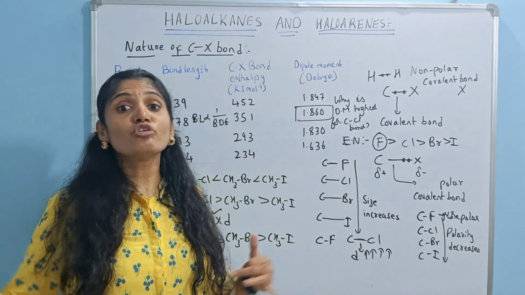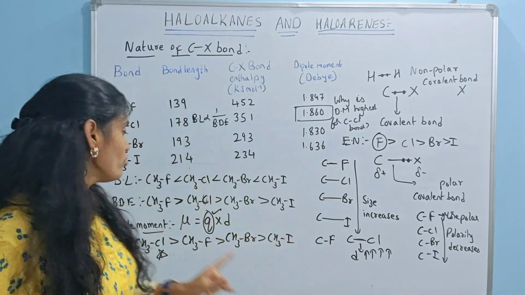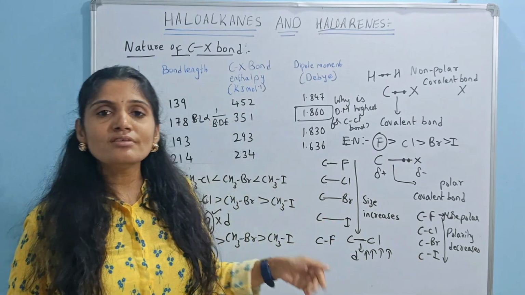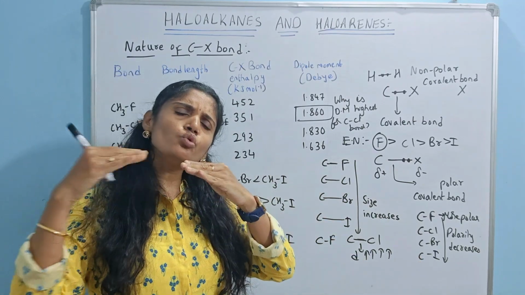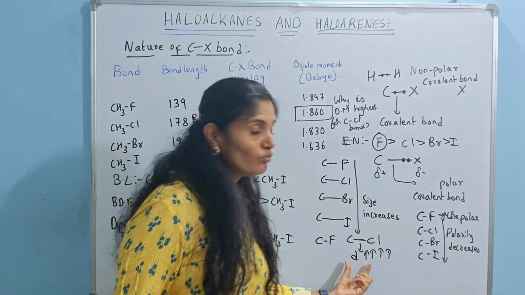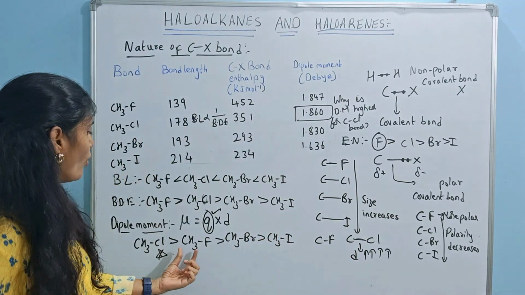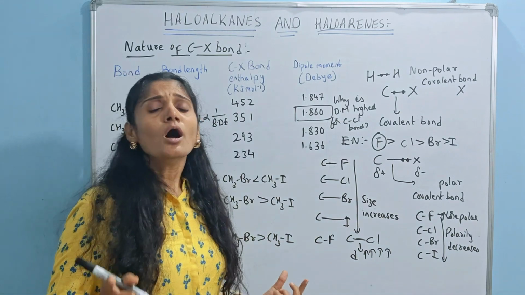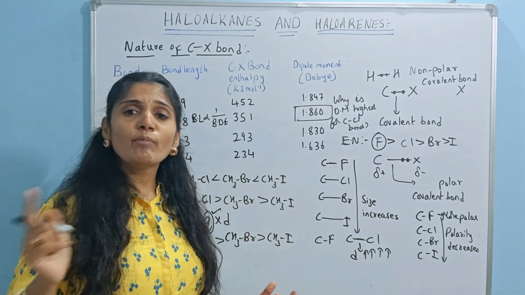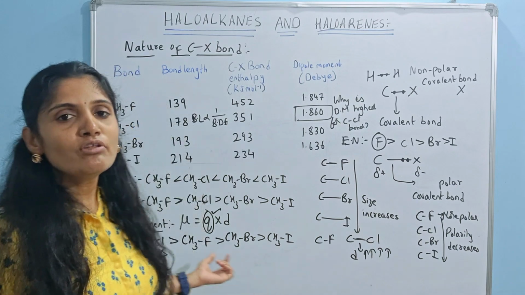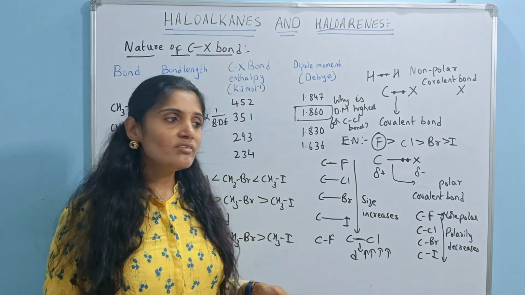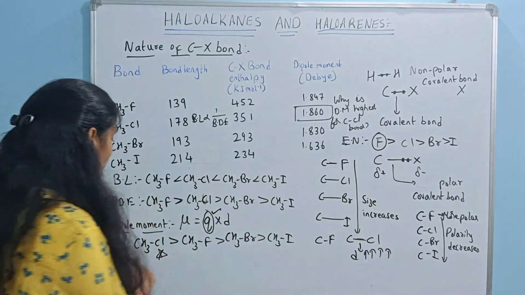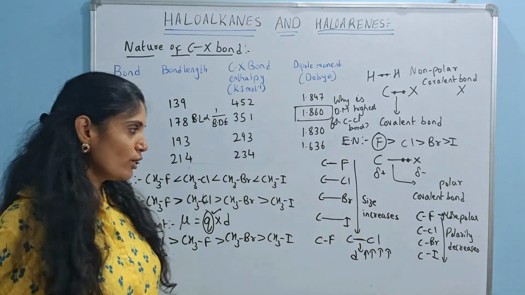Usually I told you charge factor is dominating, but when you compare CF and CCl bond, in CCl bond the distance factor is too much dominating, so its dipole moment dominates over the carbon fluorine bond. Why is the carbon chlorine dipole moment more than carbon fluorine dipole moment? Though fluorine is more electronegative, it is due to the drastic increase in size of CCl bond, which ultimately increases the dipole moment of carbon chlorine bond.